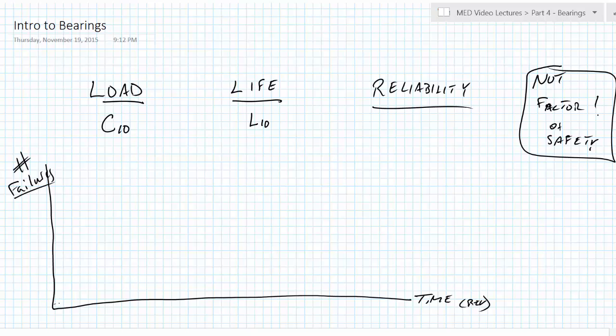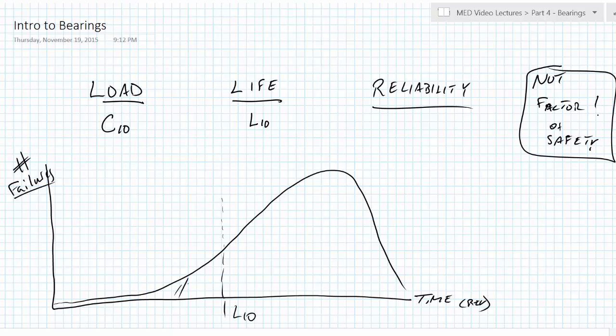What this curve looks like is basically something like this. Out of a lot of 10,000 bearings, or however many we want to talk about, if we've loaded all 10,000 of these bearings to a particular load, the rated load, there is a point at L10 where 10% will have failed.